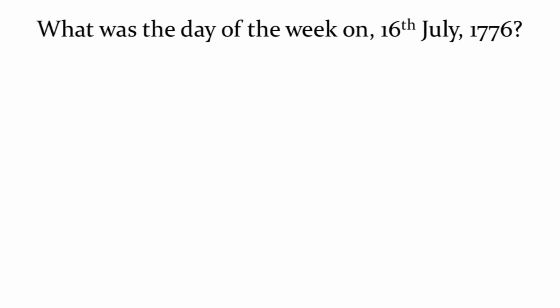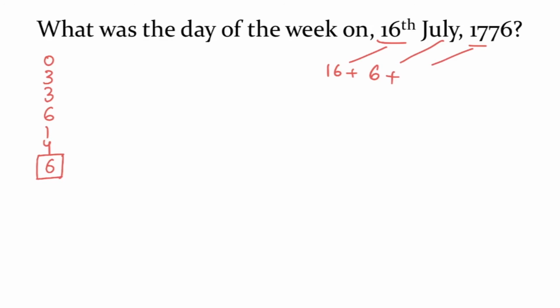What was the day of the week on 16th July 1776? 16 days completed plus July code 033 614 6. 7th month, July code is 6, plus century code. Century code 0 3 5 1 3 5, it continues. For the current century from 2001 to 2100, code is 0. From 1901 to 2000 code is 1.